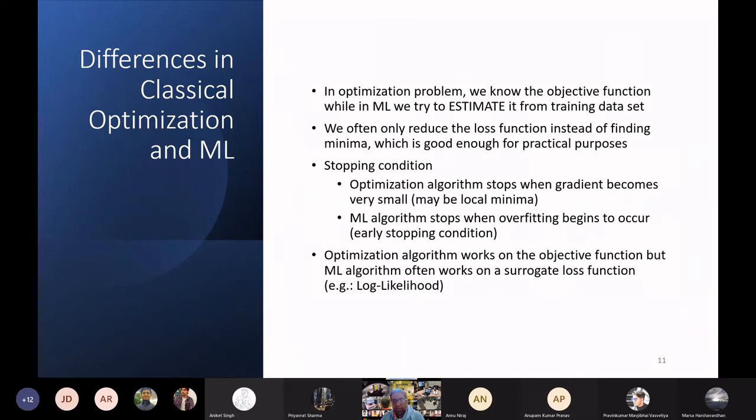Next, the stopping condition. Optimization algorithm stops only when the gradient becomes very small, which may be a local optima. While the machine learning algorithms have specific stopping conditions, and one of the most important may be when overfitting begins to occur, that means the machine learning model is memorizing the training distribution rather than generalizing.